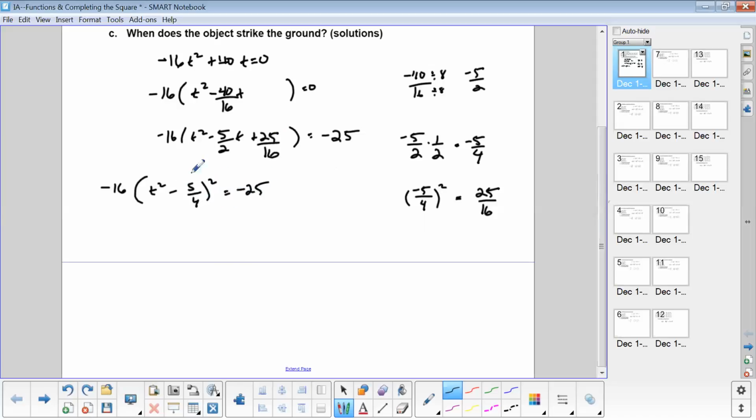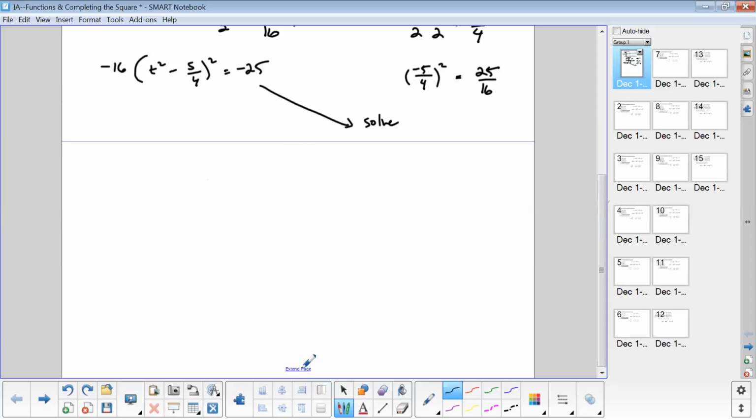Now remember, I could go from here and solve, which I will get to, but I want to go this direction and find the vertex form. So all that's going to entail is adding the 25 to the other side. So I get negative 16 times t minus 5 fourths quantity squared plus 25 equals 0.